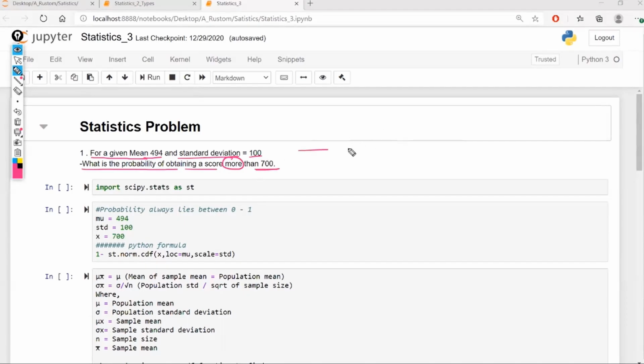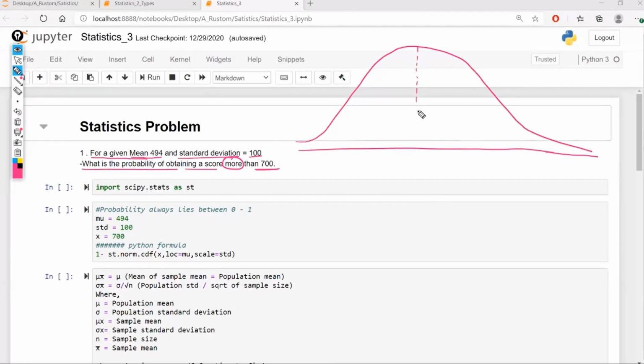So let's plot the distribution, then interpret this problem statement. When I say a mean, it always lies at the center. Mu equals 494, and the standard deviation is 100.